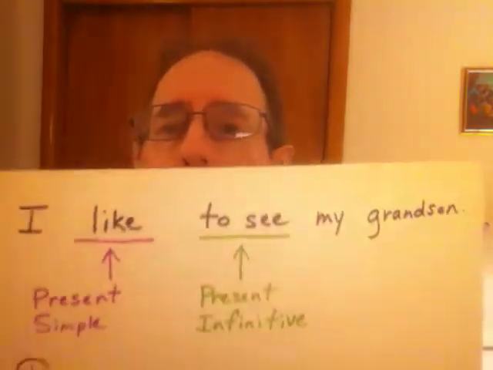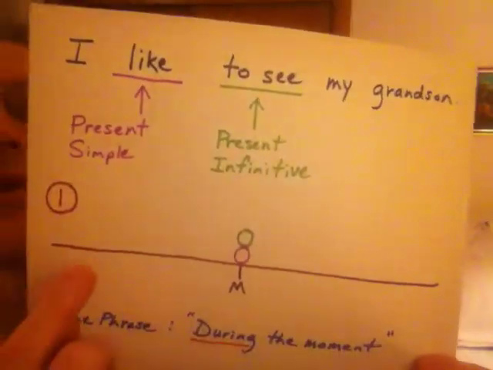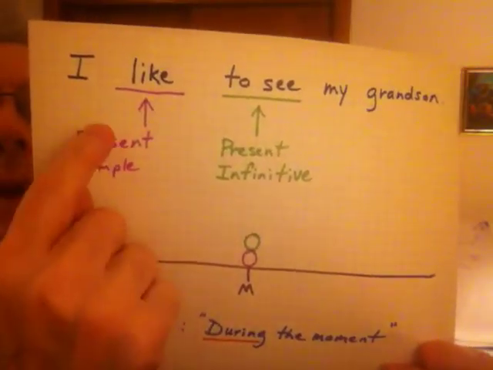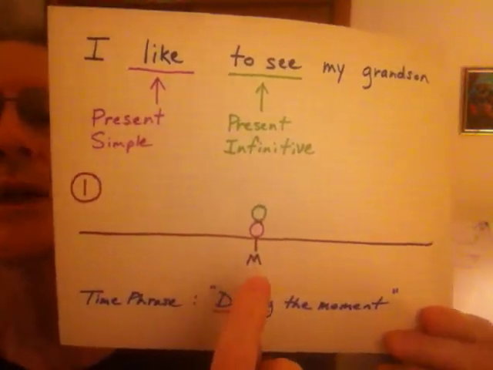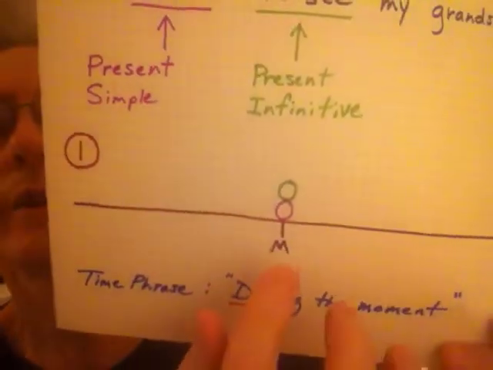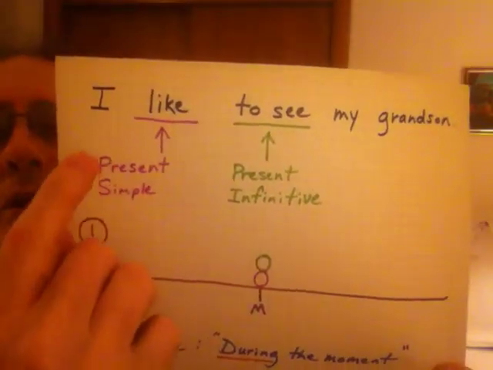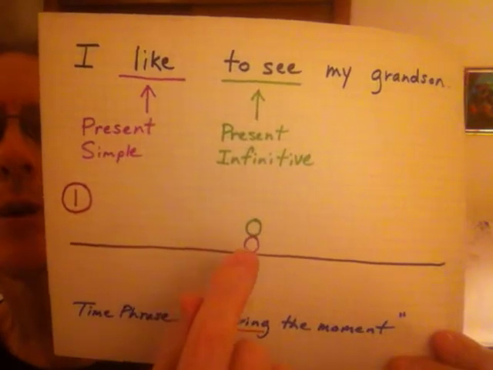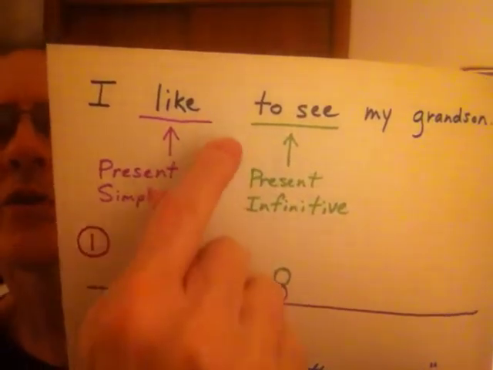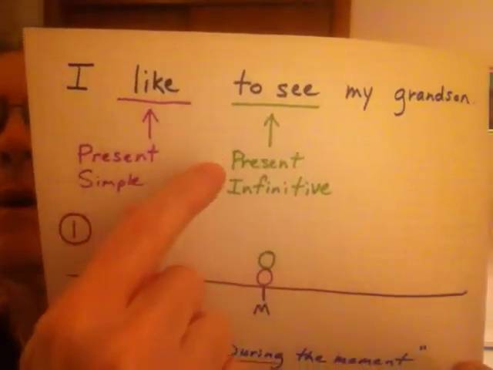So if you look at this timeline here, you see that I like, all right? Now, M is the moment of speech. That's the moment you're speaking, the very moment that you speak the words, all right? So here's your moment of speech. Now what happens here? I like, okay, the liking's occurring at the moment of speech. To see, okay, green.